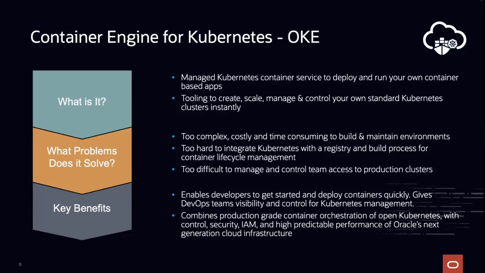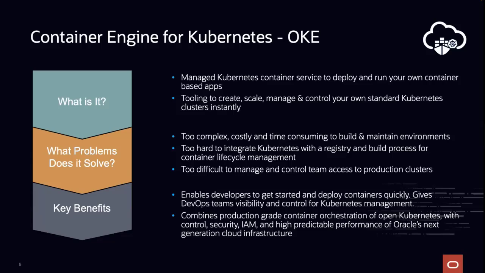Managing the container lifecycle on your own is tedious. And it is also difficult to give different access to different people. Let's say you want only a certain set of users to have access to the production clusters. All this will be very easy for you to do by using OCI and the power of Kubernetes.